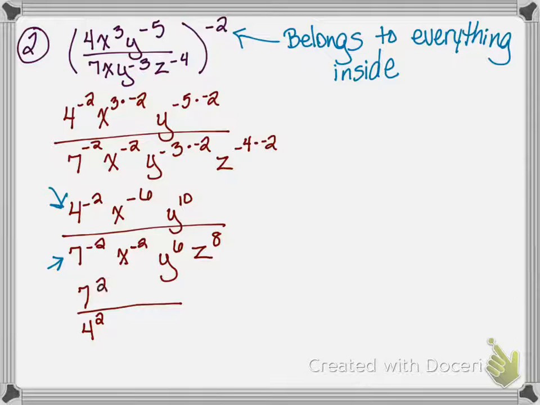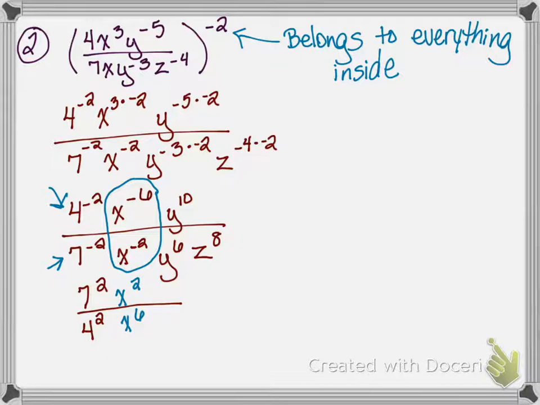Now, I want you to look at x to the negative 6 and x to the negative 2. Some students would like to go ahead and move those. That's just what they want to do. They want to say x squared in the numerator and x to the 6th in the denominator. And that's completely okay.